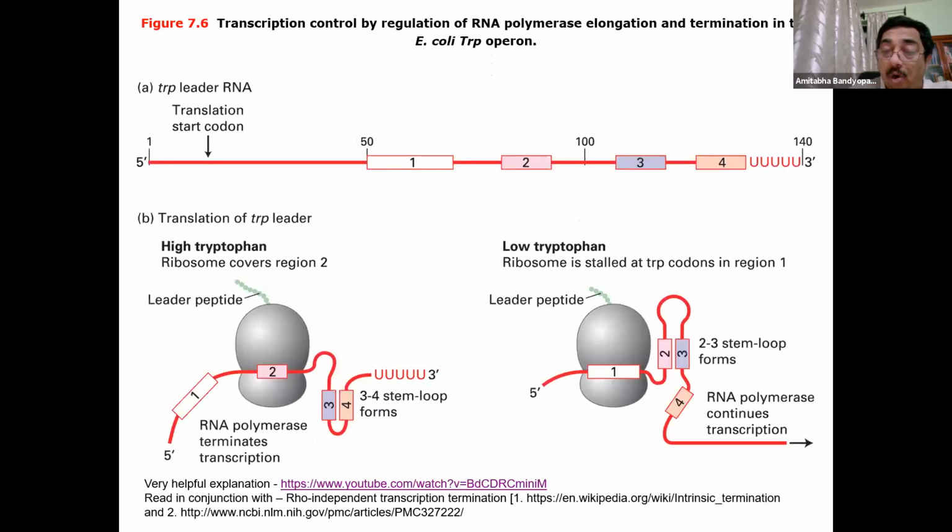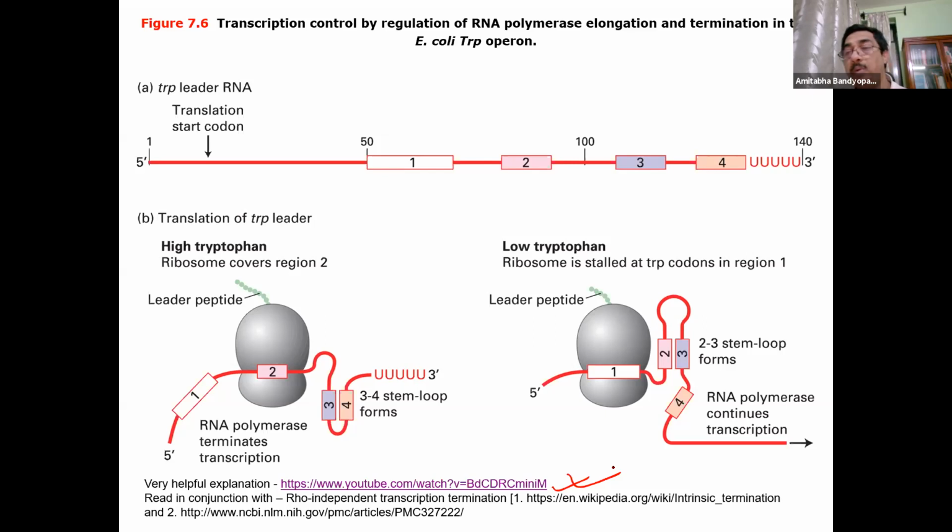I would strongly recommend that you watch this video, which has very nice animation and explanation of how the trip leader sequence works. Okay? And this leader sequence is a feature of many different operons, and typically in the leader sequence, you will have the codons for the particular amino acid that, if it is a biosynthetic operon, is to be made by the operon.